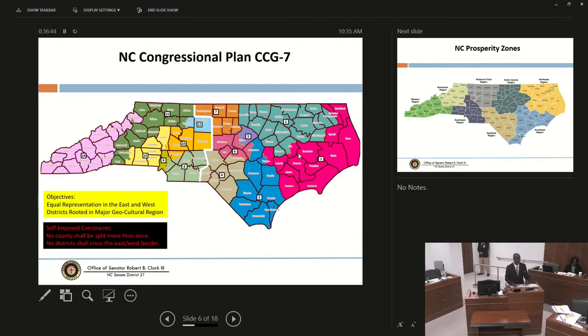So I was not shocked, I fully expected it, when I saw the map that was produced by the folks across the aisle, when I saw 3 of the large urban counties with 2 splits, which made 3 pieces. And I said, okay, they're exercising that gateway to gerrymandering. I know what they say about the number of splits, but we'll talk more about that later. Don't want to get off track here. So in my case, I did not split any county more than once.